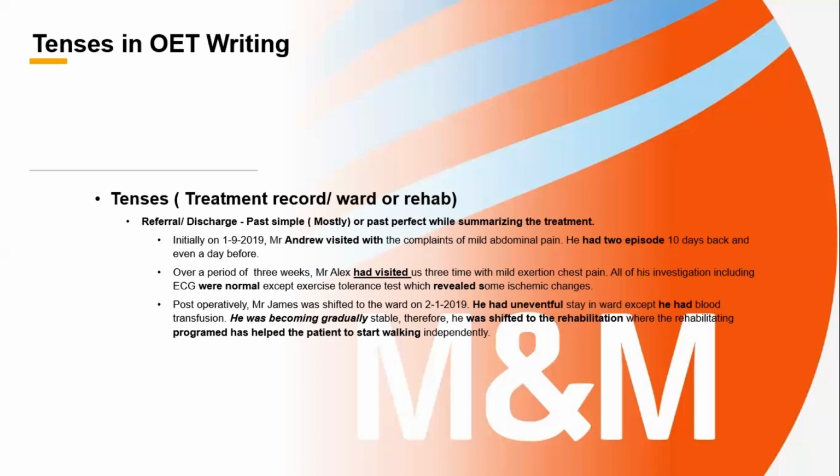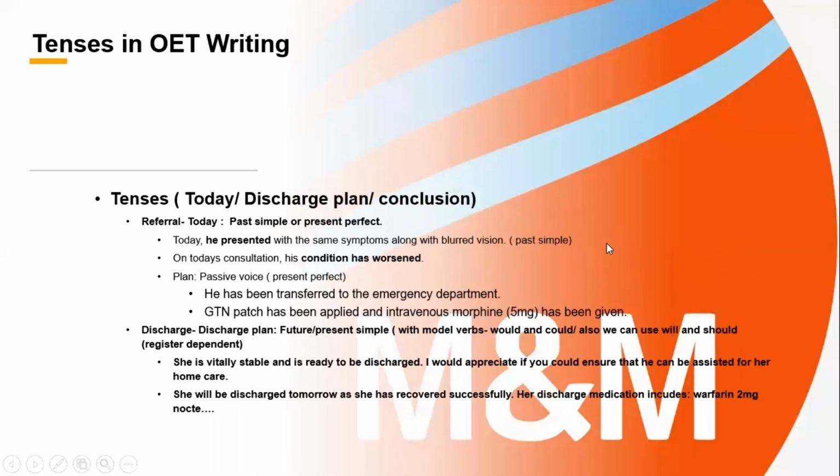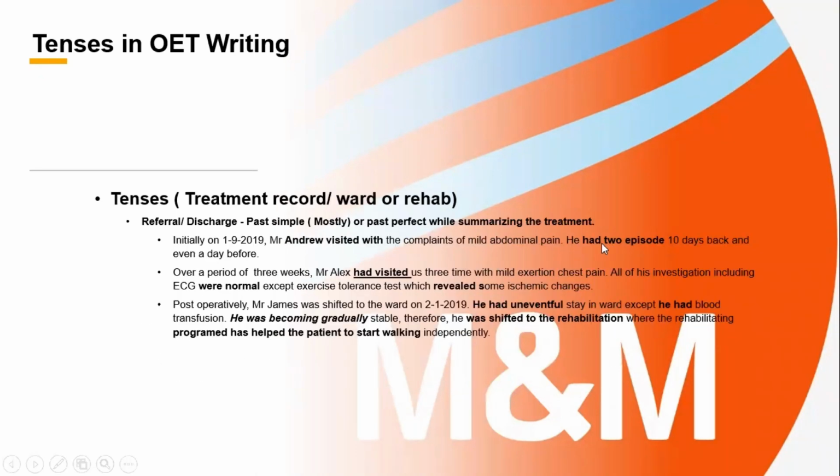Let's say in here, we have Mr. XYZ initially presented on this date. He visited with the complaint of, or he had. So we have used the past simple, and then for the event that had happened before this visit, we are using, let's say, the past perfect tense, right?